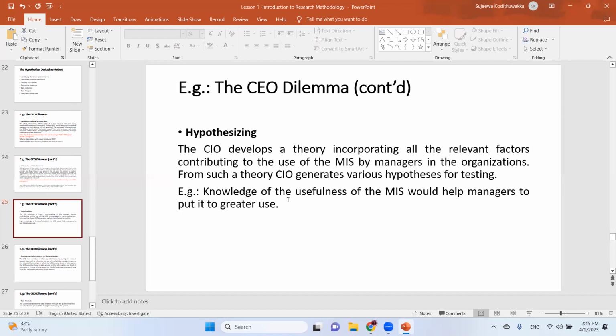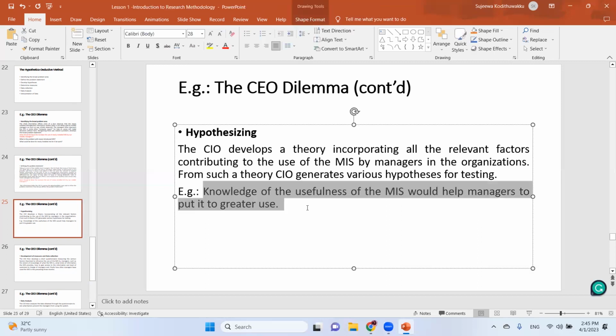To overcome this problem, you have to provide proper training or knowledge about the particular MIS. Then by providing the knowledge about the usefulness of MIS, the managers will definitely use it to a greater extent. But remember, this is an assumption.